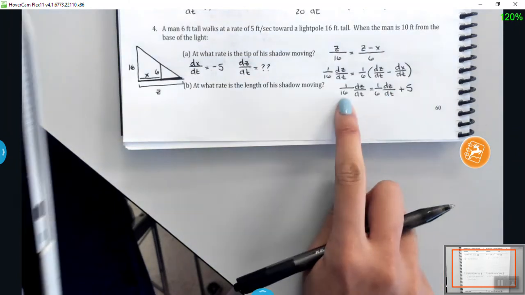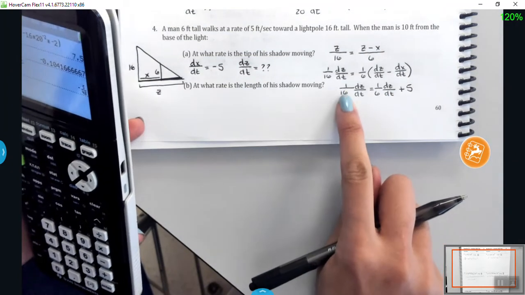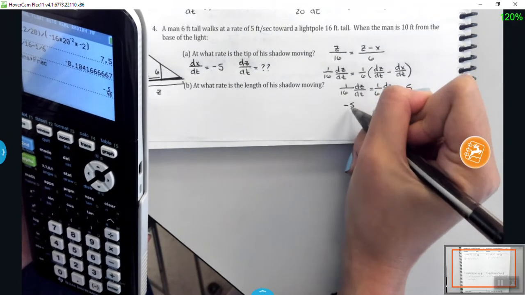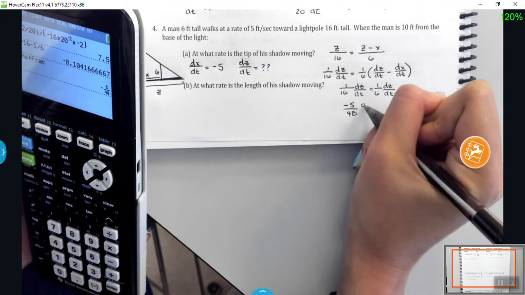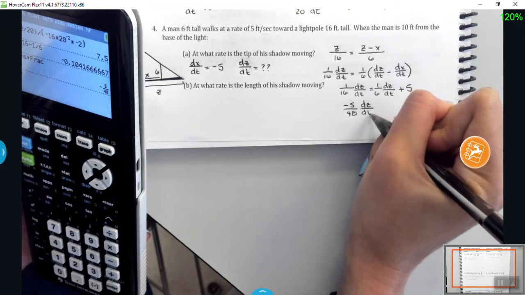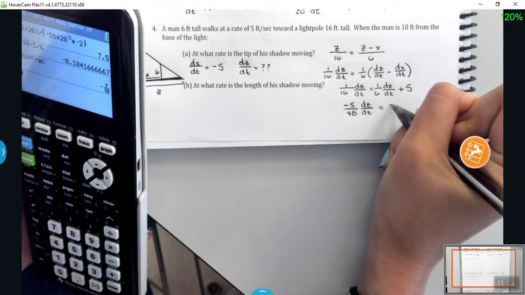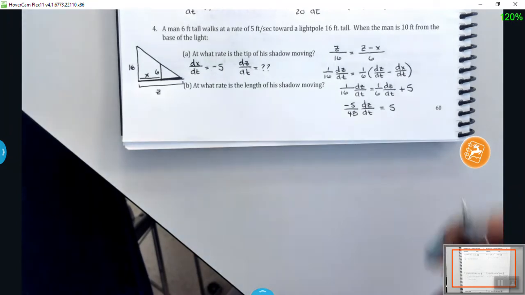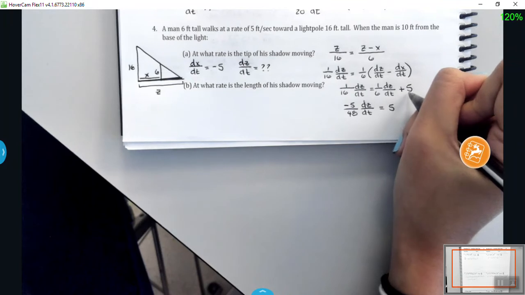If I subtract, I have to subtract this over to this side. Oh yeah, 5 sixths, thanks.